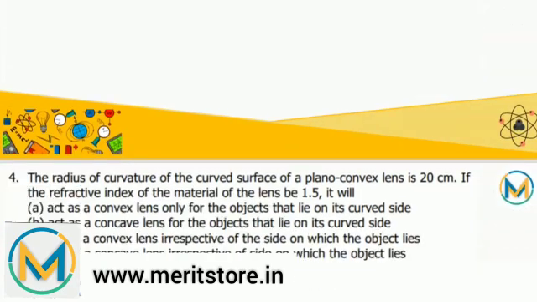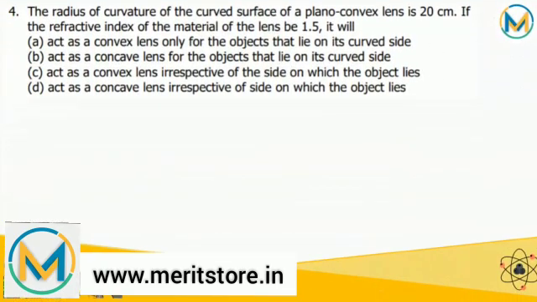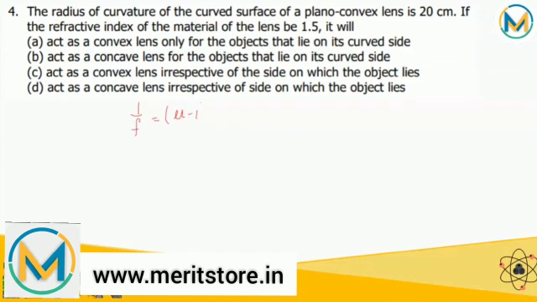Looking toward the next question, the radius of curvature of the curved surface of a plano convex lens is. So, if the refractive index of the material of the lens be 1.5, it will be. So, first of all, we need to know the relation between f, focal length, mu, refractive index, R1 and R2, which is known as the lensmaker's formula, and it is given as 1 upon f is equal to (mu minus 1) times (1 upon R1 minus 1 upon R2).